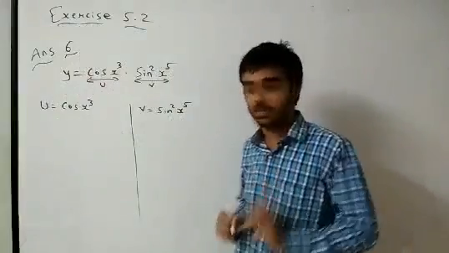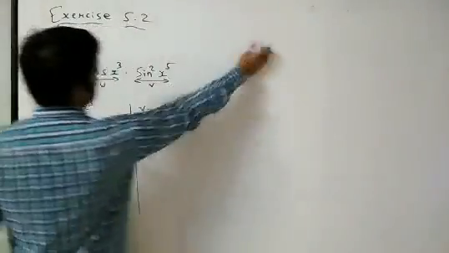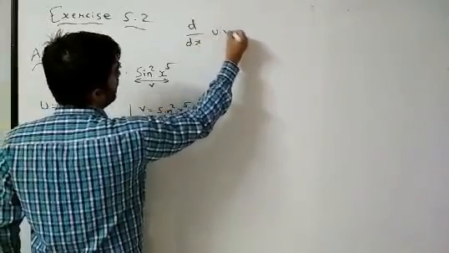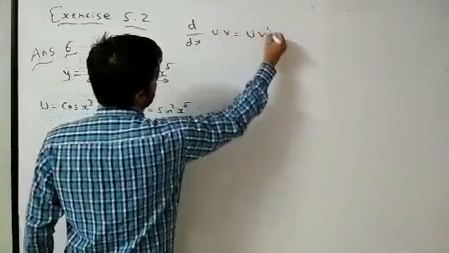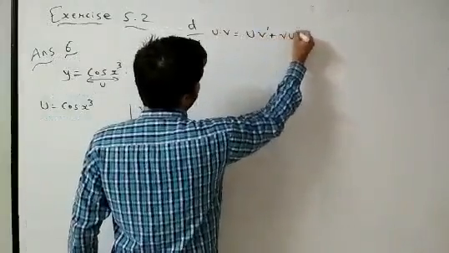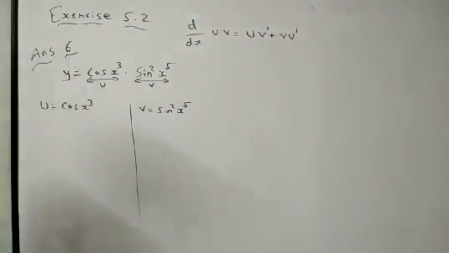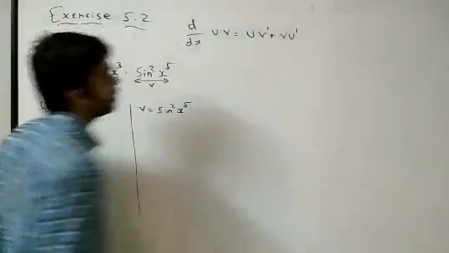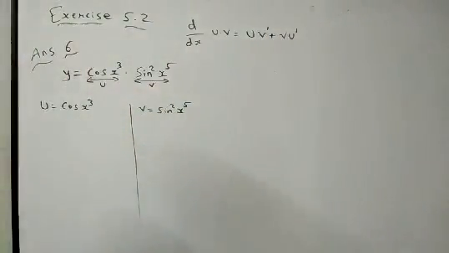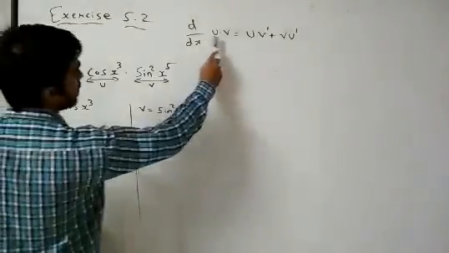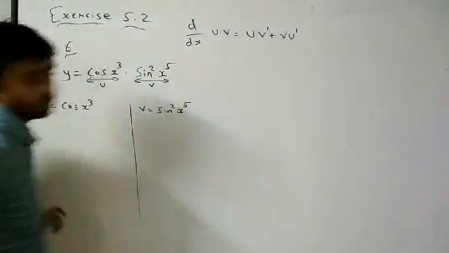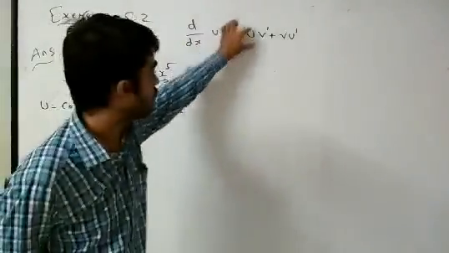When two functions are multiplied, for example, here d by dx of u into v is u into v dash plus v into u dash. You can interchange this also. This you can write first, then this you can write second, no problem. But it is only this product rule, right? Now, d by dx of u into v is u constant derivative of v and v constant derivative of u. Now we have u over here.